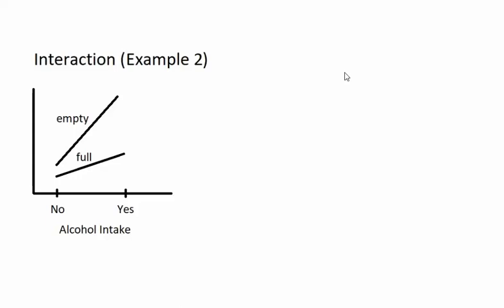Like I said, the fullness of a person's stomach interacts with the effect that alcohol has on intoxication, because if it's an empty stomach, alcohol will have a stronger effect, and if it's a full stomach, alcohol will have a weaker effect, and that makes an interaction right here. This y-axis is intoxication.